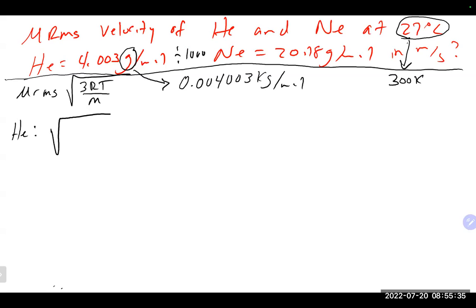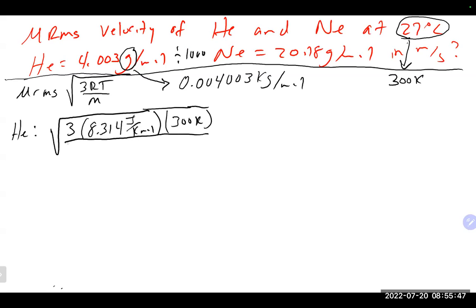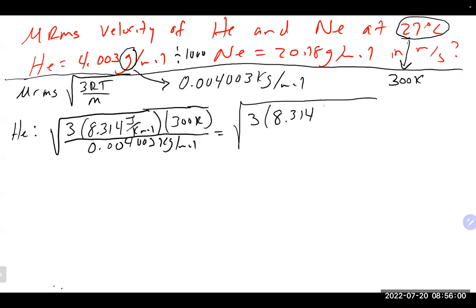The reason for that is, again, this is going to be 3 times 8.314 joules per Kelvin per mole, times our temperature, which is 300 Kelvin, divided by our molar mass in kilograms per mole. That is because the 8.314 basically becomes kilograms meter squared per second squared per Kelvin per mole, and that again is the joule part of it.